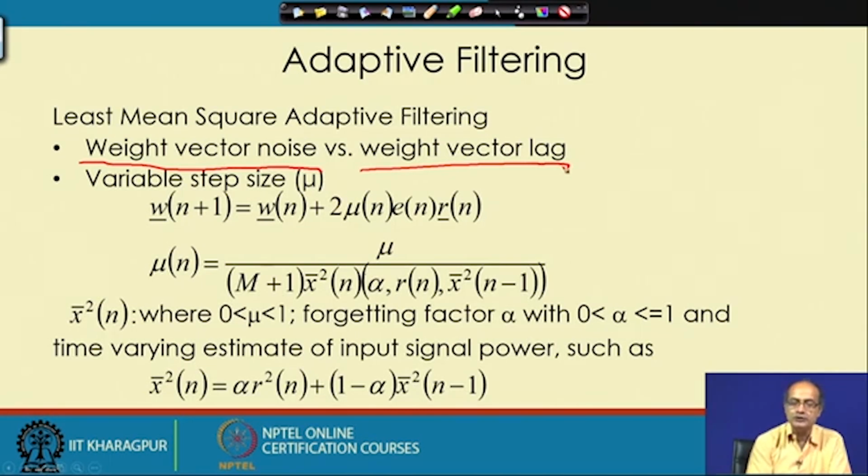So, if we choose mu to be very small, then what will happen? The rate of updation also would be very small, because whatever change we are suggesting, we are reducing it by multiplication with mu. So, we are taking only that part of the change suggested.